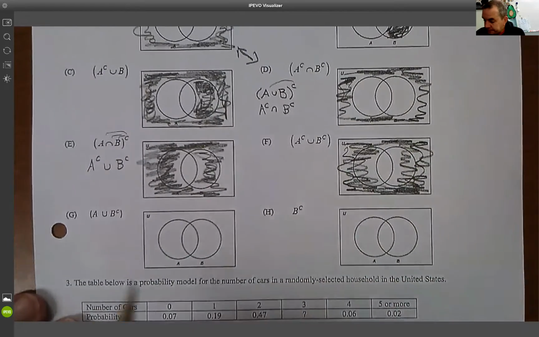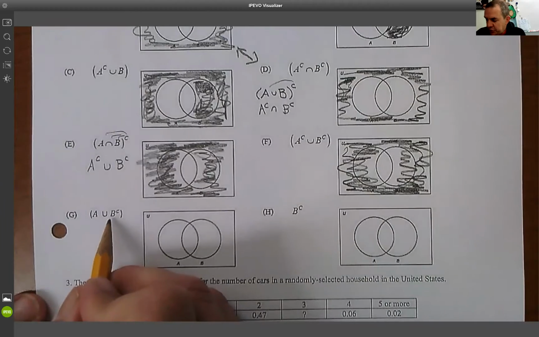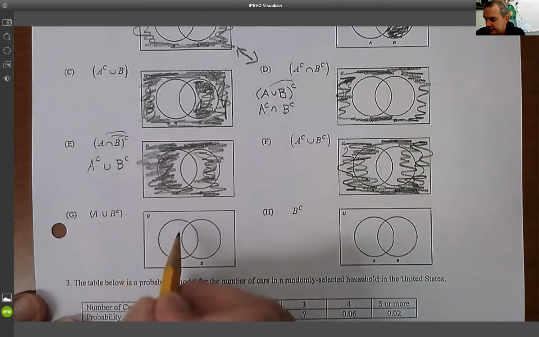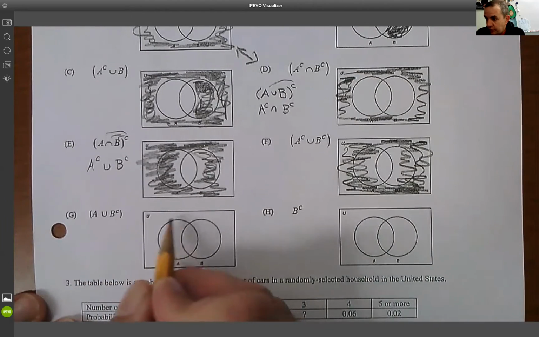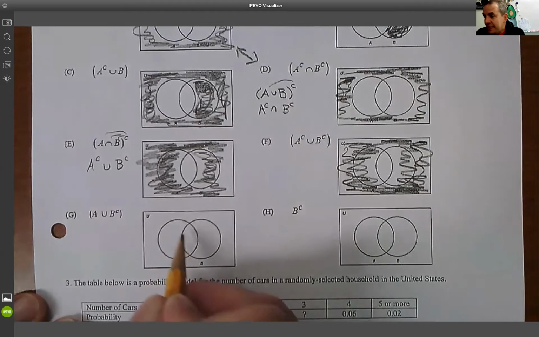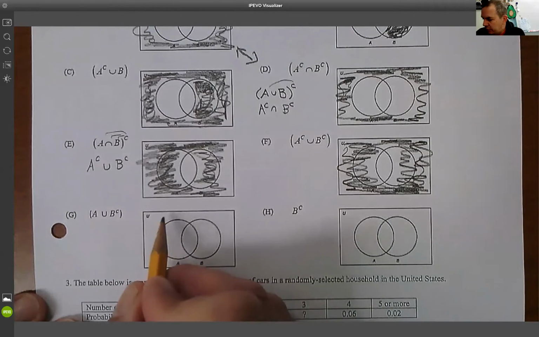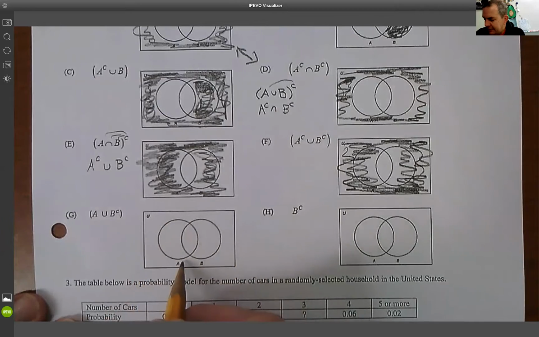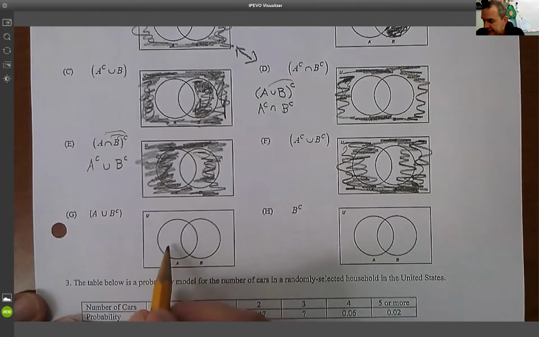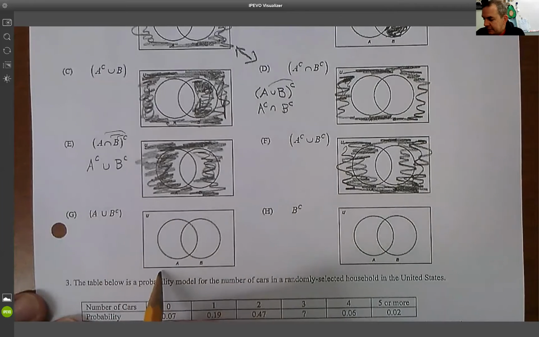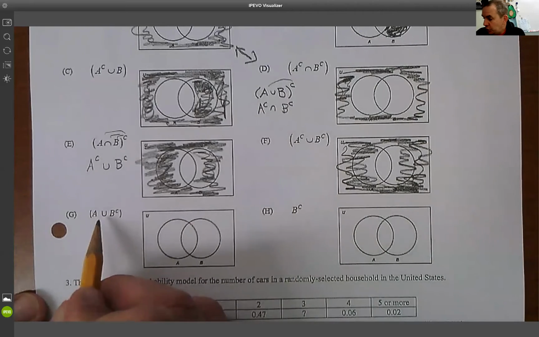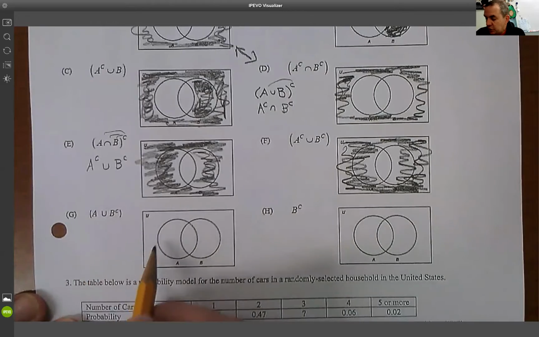Okay. Last two are A union with not B. So again, A is the circle, the whole circle. Not B is going to be all of this, but also all of the box on the outside, because anything that's not B, this chunk right here of A is not B. This whole box outside is not B. Since this is saying union, we're going to take the union of the two.